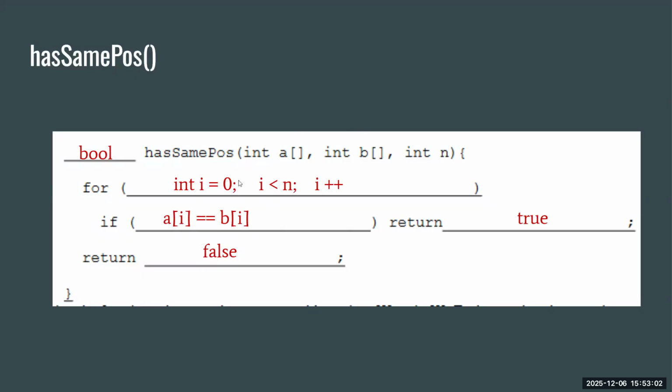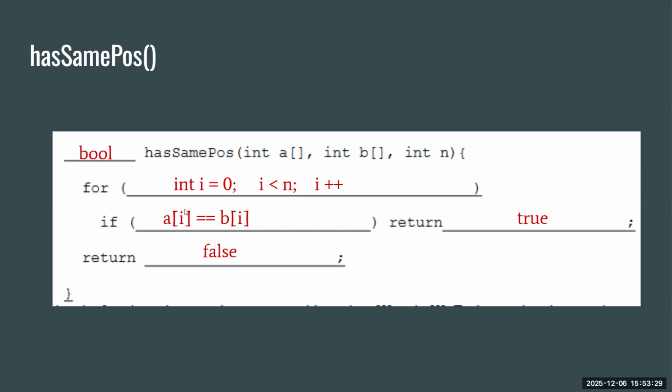And since we're looping through an array, we're going to have the same conditions of starting at 0 and going until the last element of the array. And our condition here, since we're checking the same index in both arrays for each iteration, is that we want to access each array at the same index.